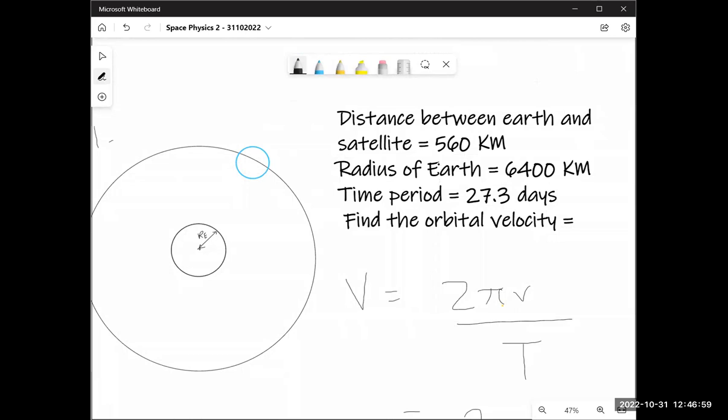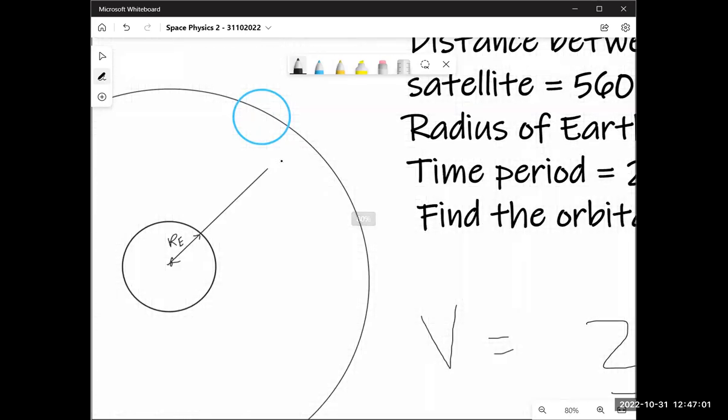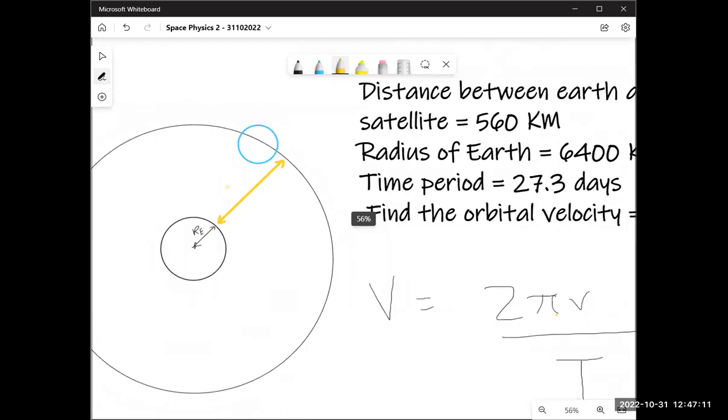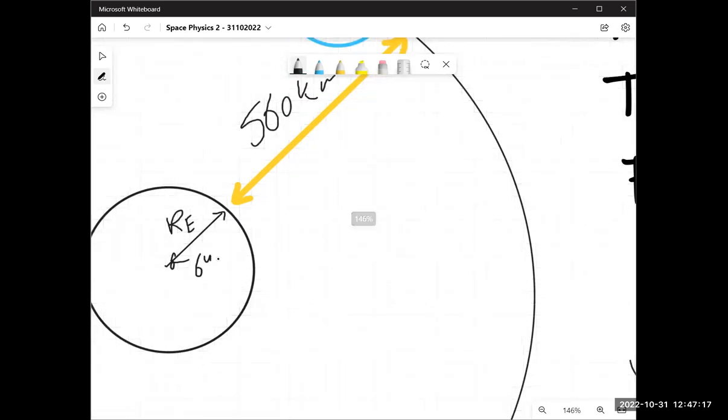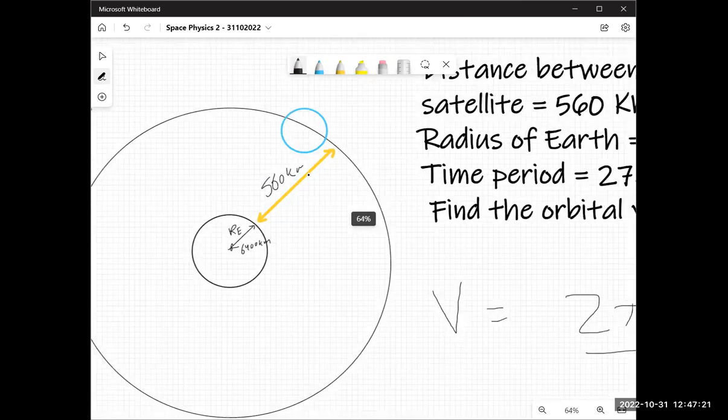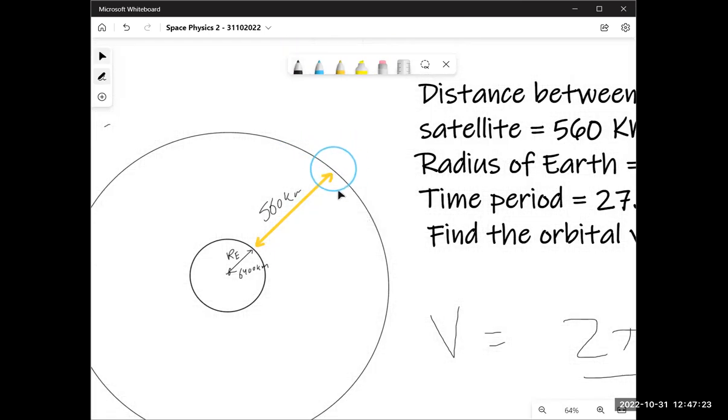The distance between Earth and the satellite, from here. And how much is that? That's 560. And this one was 6400 km. Now our satellite is right here.